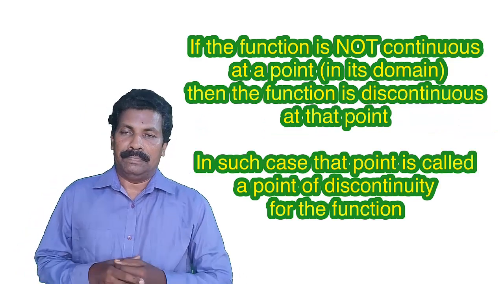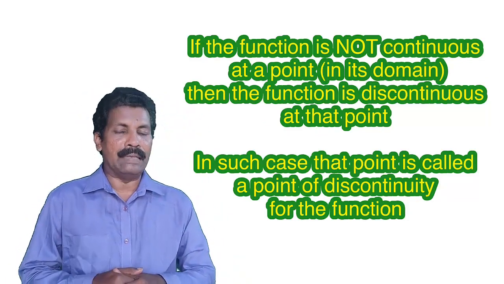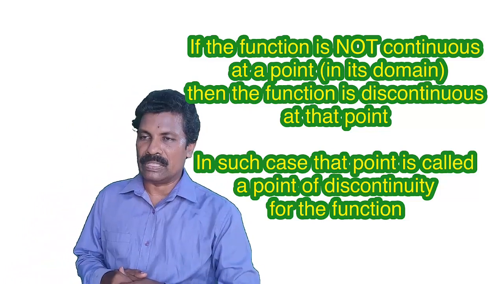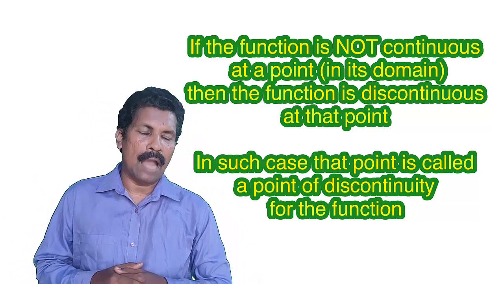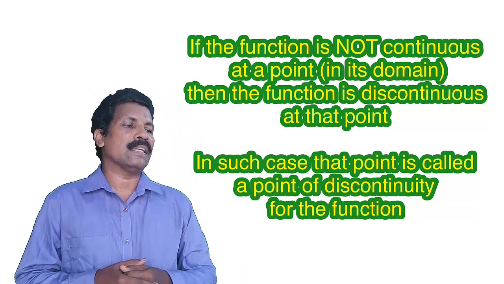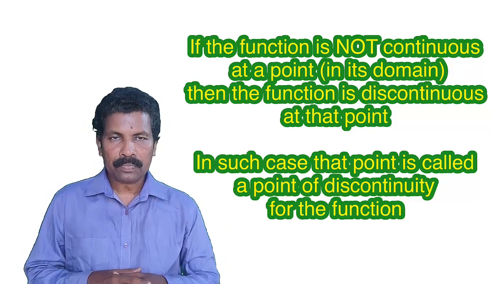If the function is not continuous at x equal to 1, we can say that the function is discontinuous at that point. And we can say that x equal to 1 is a point of discontinuity.